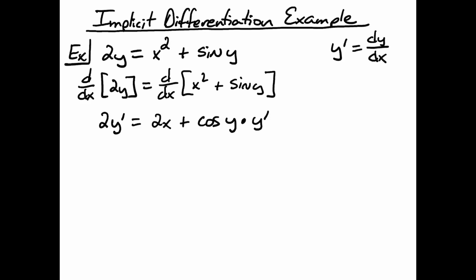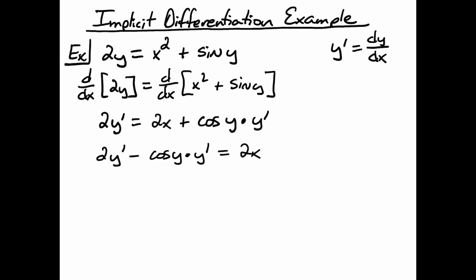Okay, now on this, we need to then solve for y prime. So basically, I would like the y primes on the left-hand side of my equation. So I'm going to move the cosine y prime to the left. So I'm going to have a 2y prime minus cosine y times y prime on the left, and then that is equal to 2x.